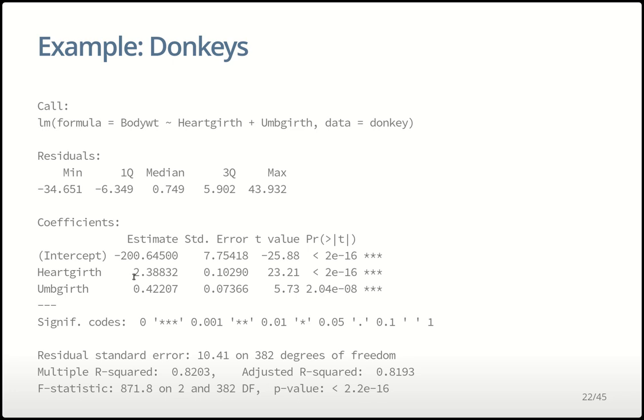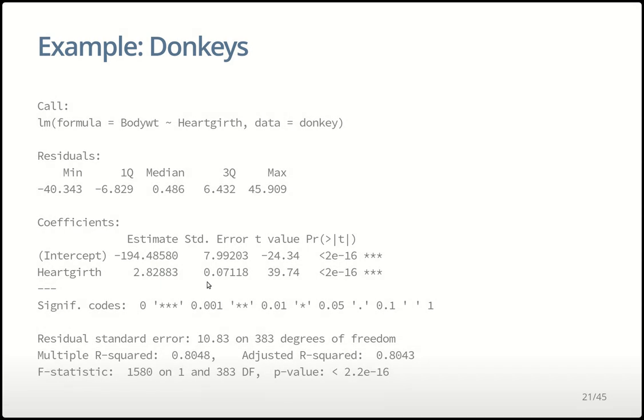Then their body weights are going to differ, according to this equation, by about 2 lots of 2.4, so about 4.8 kilos. Now that's a different answer to what we got before. We would be saying if the heart girth differed by 2 centimeters, then the weight would differ by 5.6 kilos.